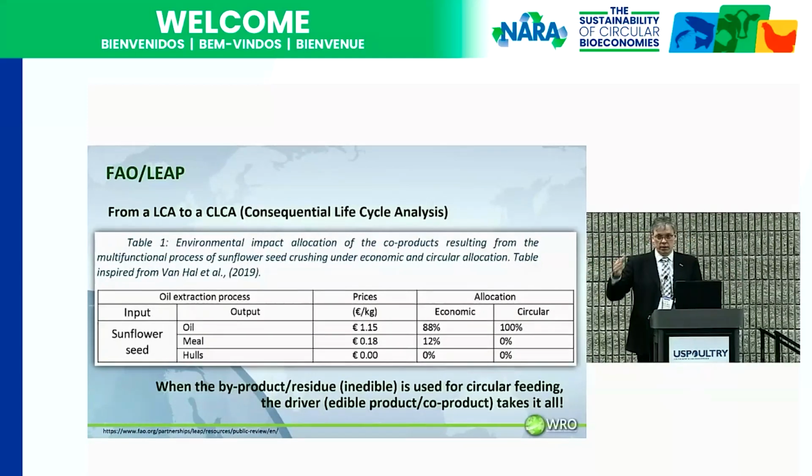Never vice versa. In our reality, nobody will produce a broiler due to a high demand of feather meal. Forget it. No one is going to do it. So nowadays, the allocation is economical. 88% goes to the oil, 12% to the meal, and 0 to hulls. If the concept of circular allocation rises, according to the use of the product, the allocation will be 0. And what is the use of the product?